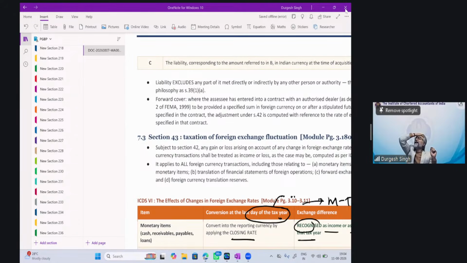Whatever interest expenditure I'm going to incur, of that interest expenditure I'm going to claim a deduction. That deduction will be available to me. But the question is not on the interest part here. In the interest part, yes, ICDS number 9 will come into picture. Here it is on the principal amount. I have got a foreign currency exposure by, for example, taking a foreign currency loan to purchase that asset.